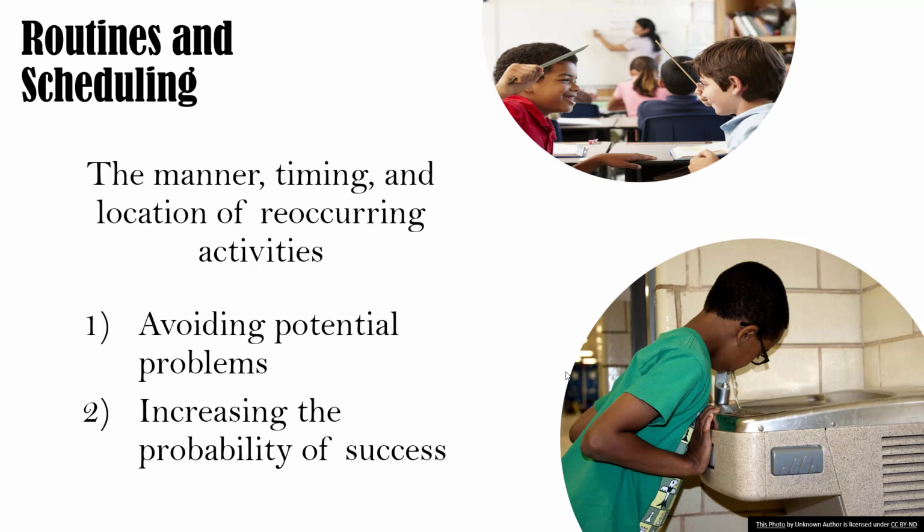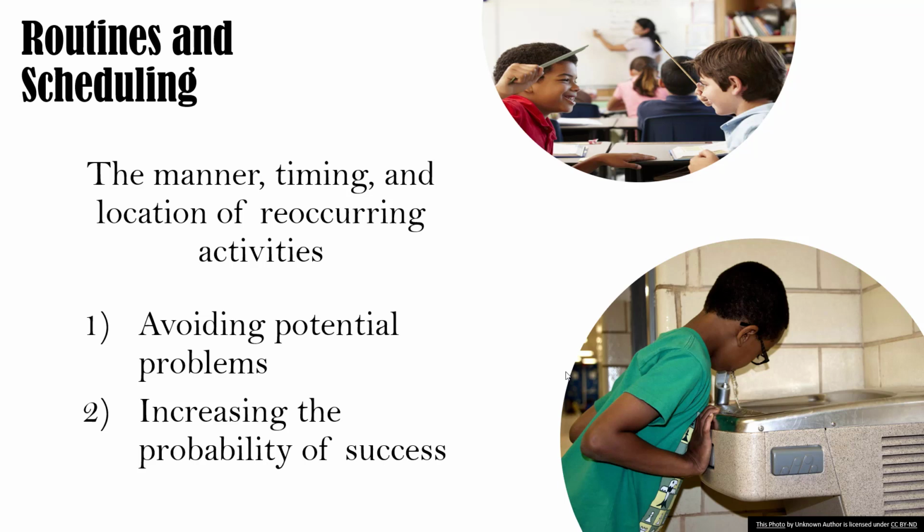Having a routine and having appropriate scheduling makes things predictable, which we're talking about in a second. If things can be predictable and students know what's going on, you can avoid a lot of potential problems. Changing the routine or springing things on kids can be really confusing to kids, and you will probably have a lot more challenging behaviors, especially from your kids with EBD.